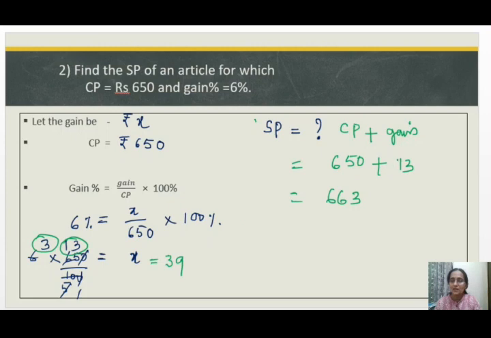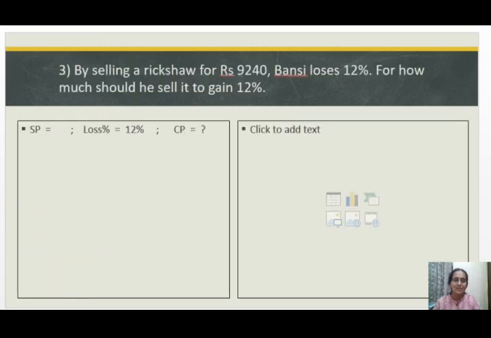Cost price plus gain, it is 39 here. And the final answer is 689. It is rupees 689. We will move to the next sum.